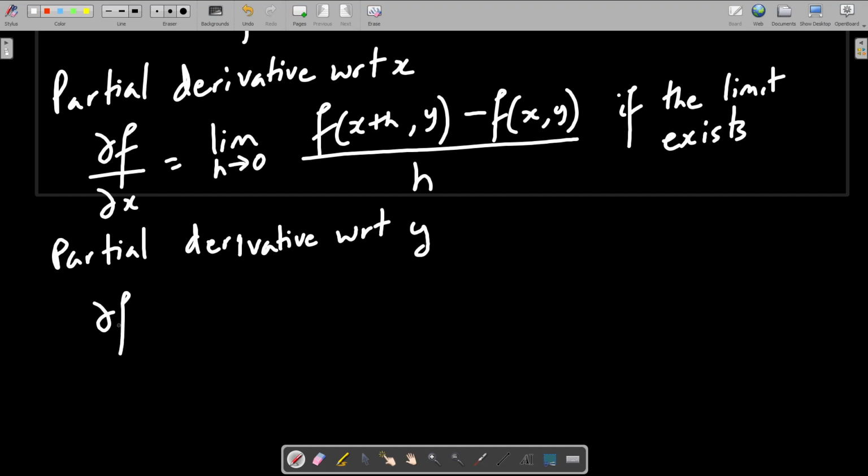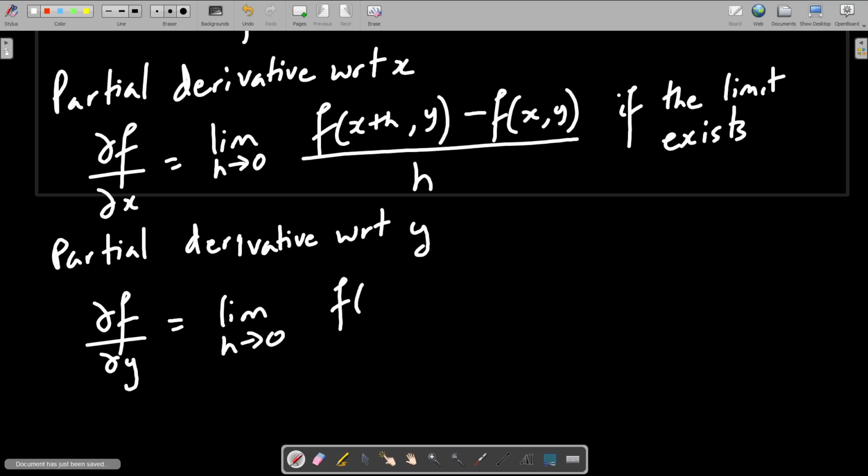That will be denoted by dou f by dou y, equal to the limit of h tending to 0 of f of x plus h comma y minus f of x comma y.